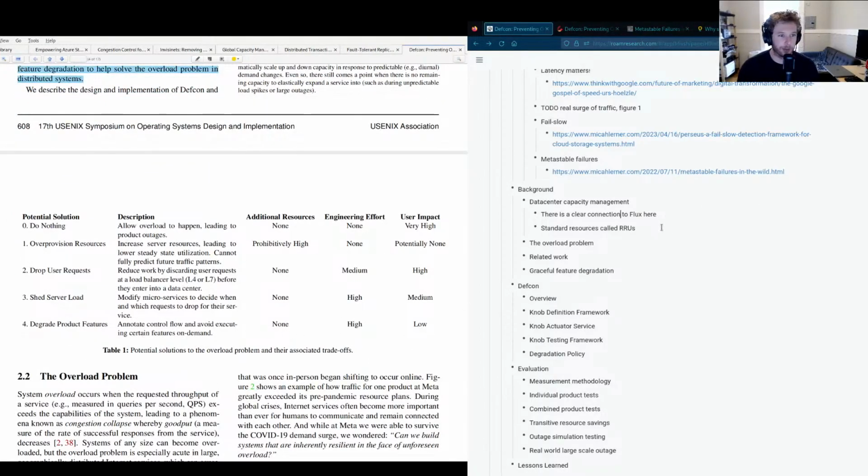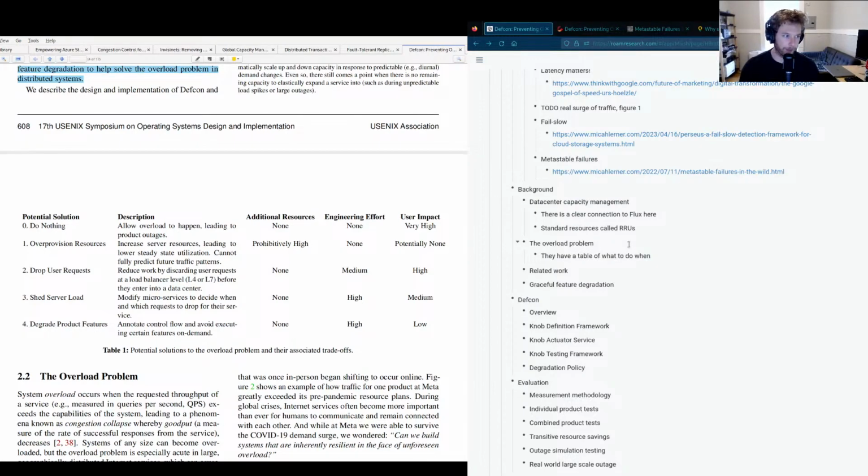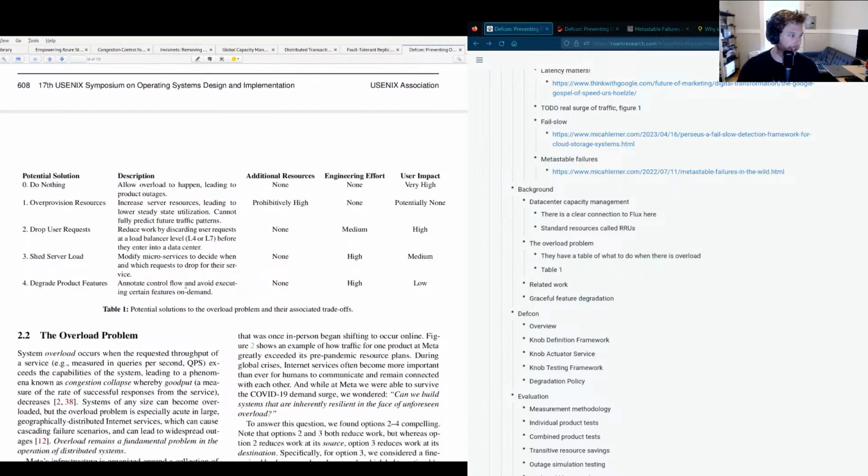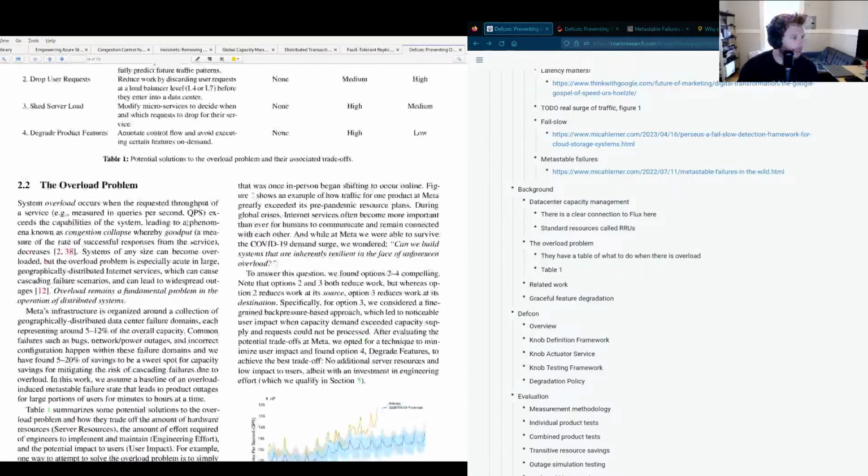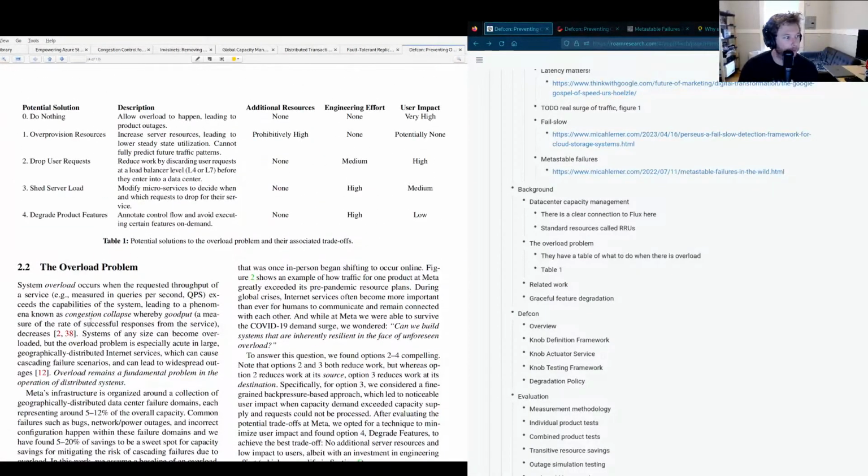So, what do you do? They talk about a table of what to do when there's overload. Table 1. And they're talking about, let's read through this and then look at the table. Okay.